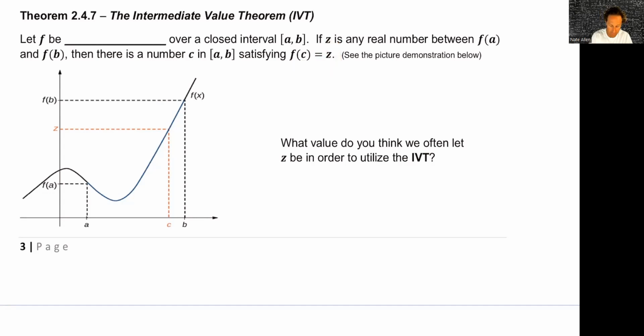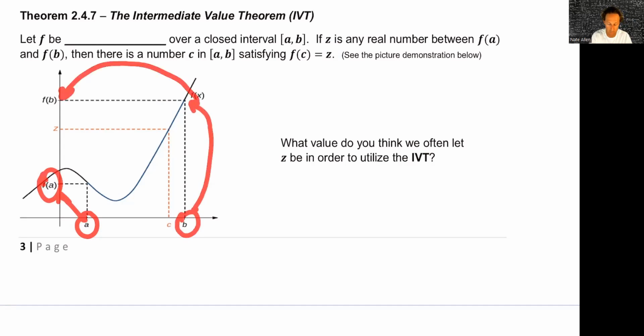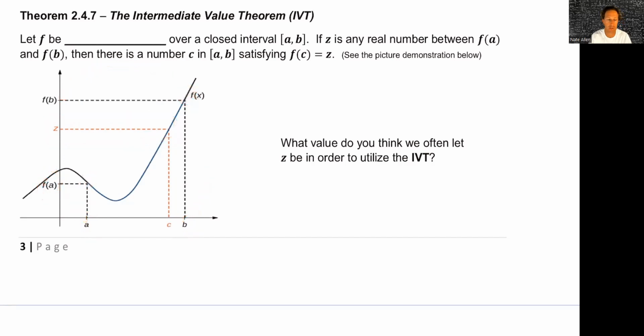Well, if we plug in A and get out some height, and then we plug in B and get out some other height, and the one that we're trying to find is in between them, what would guarantee that we would go from the lower value to the higher value, or vice versa? How would I get from here to here?